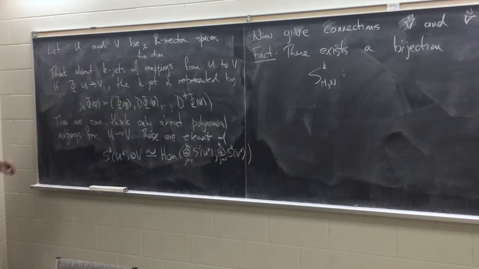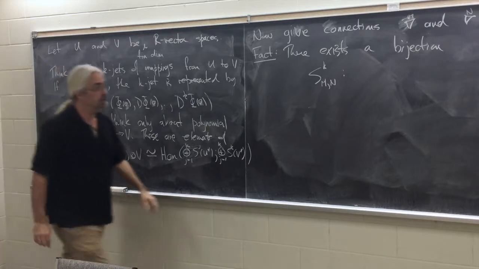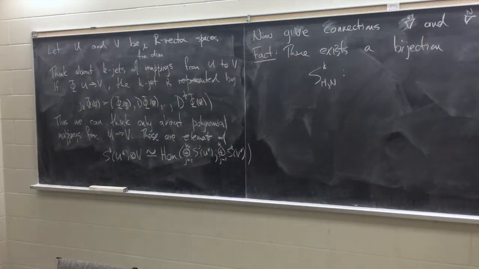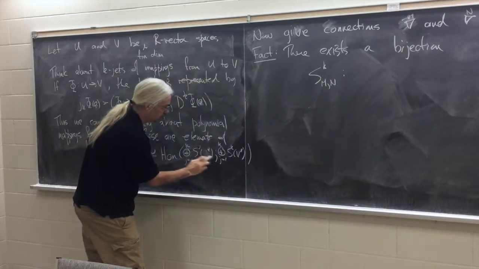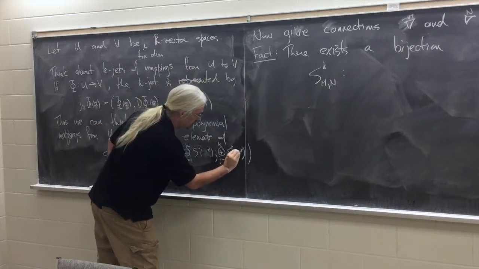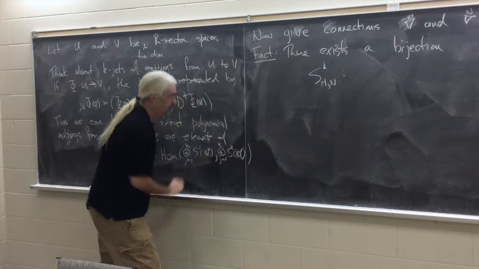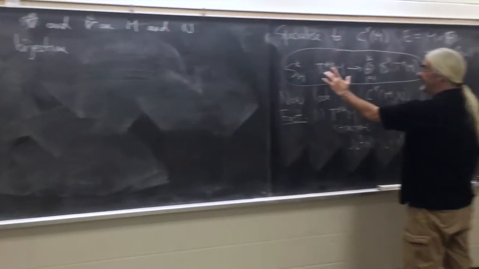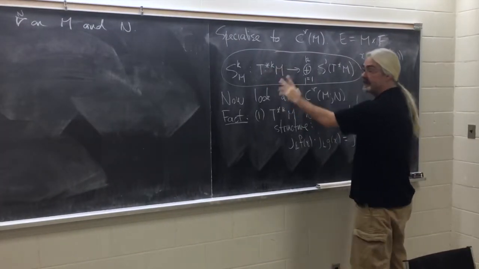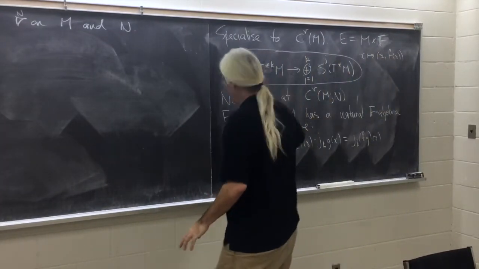By what I just erased, the space of k-jets are the algebra homomorphisms from T star k y n, and so I got my U and my V backwards. It should be V, and this should be U. So from T star k y n, that is, by this decomposition, that space.